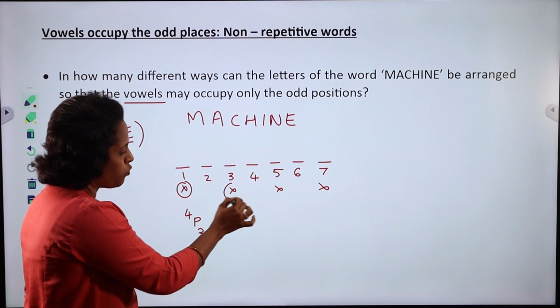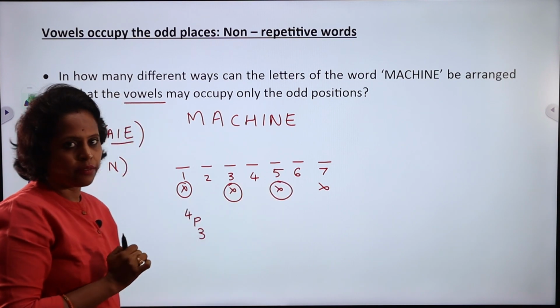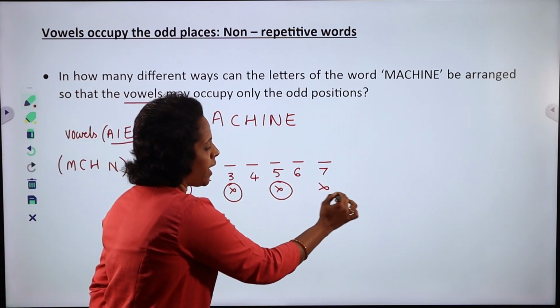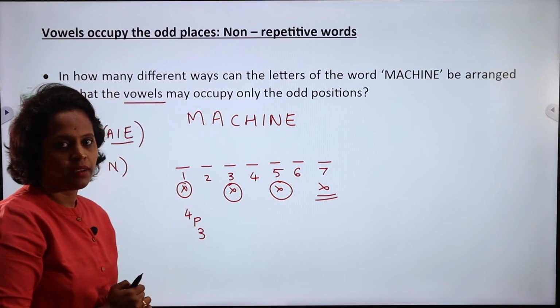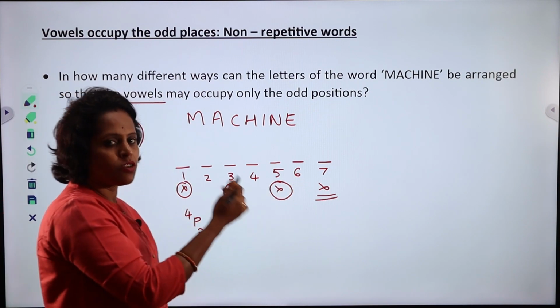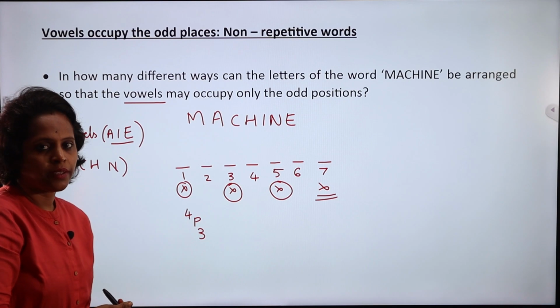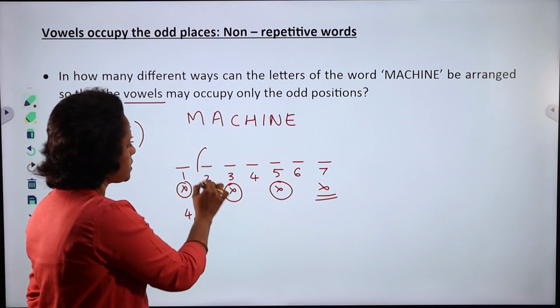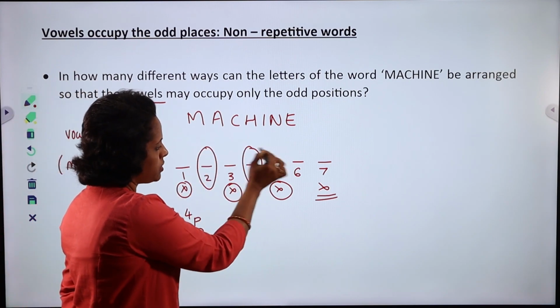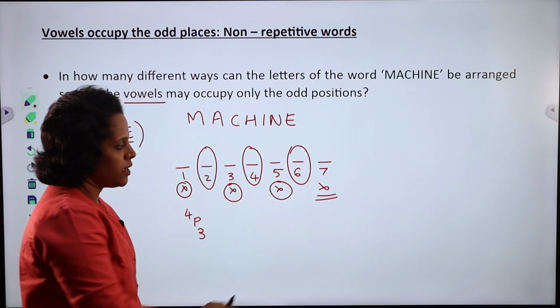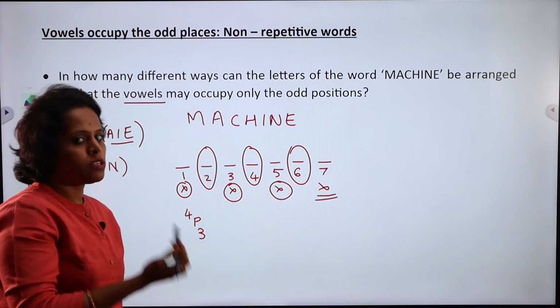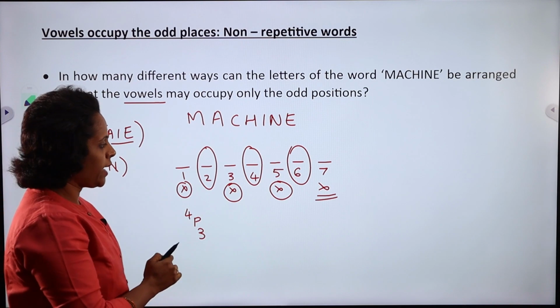So among the 4, 3 blanks are filled. We have 1 empty place for the consonant. How many consonants can be placed? We can place consonants in 2, 4, 6 and also 7 because 7 is not occupied.